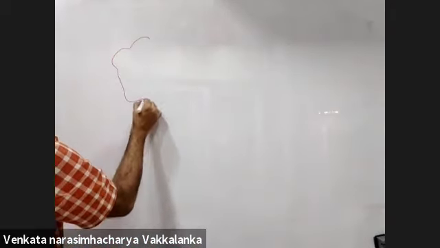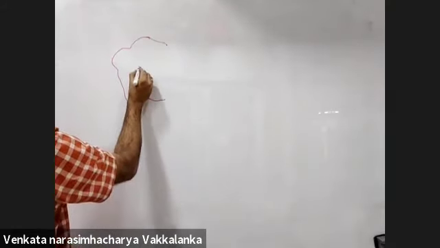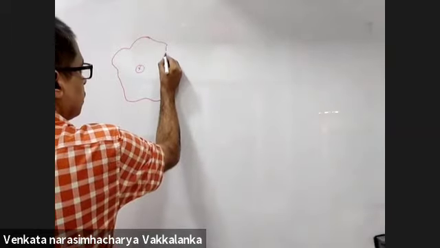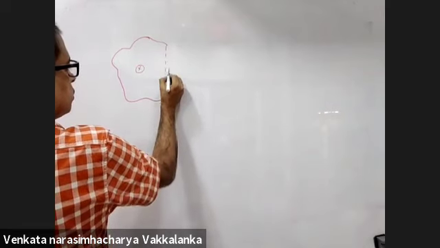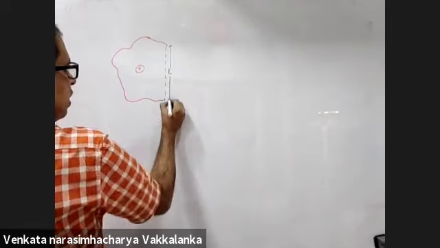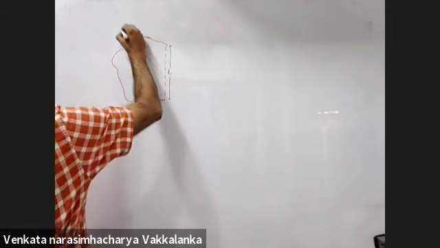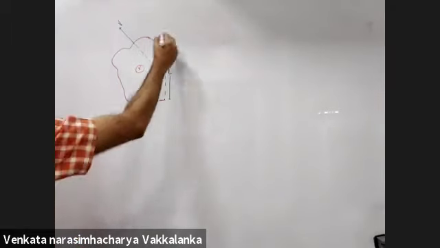There is a loop like this, and you have a magnetic field perpendicular to the board. This length is given as L. And the loop is moving with a velocity V, making an angle of theta.